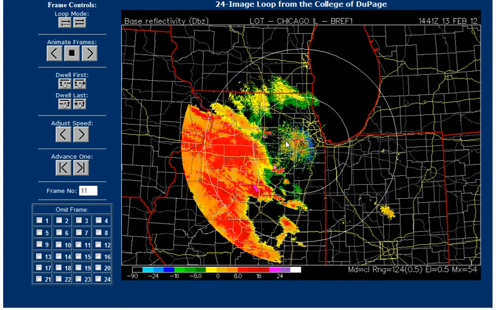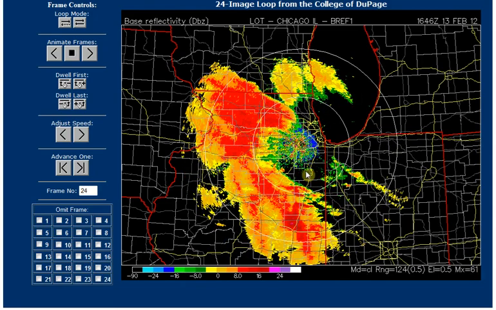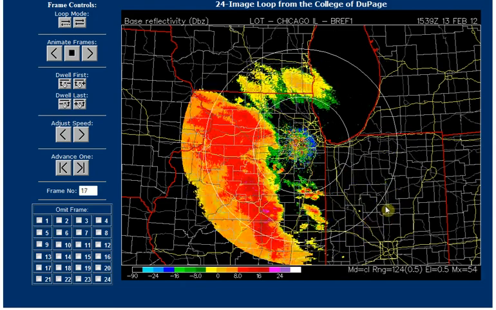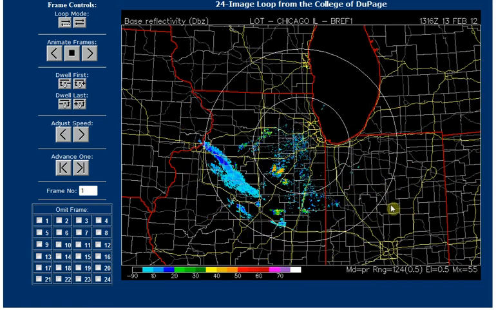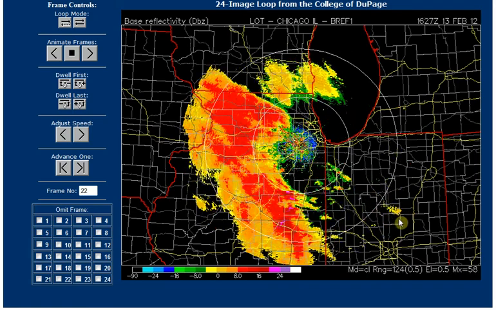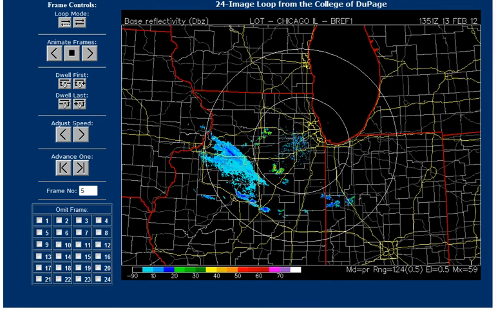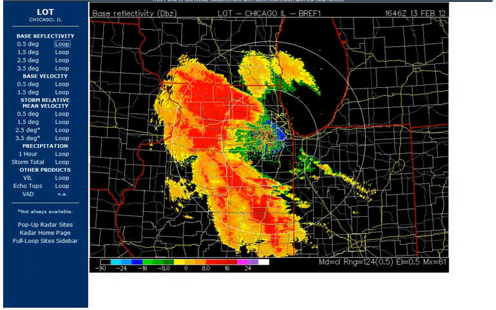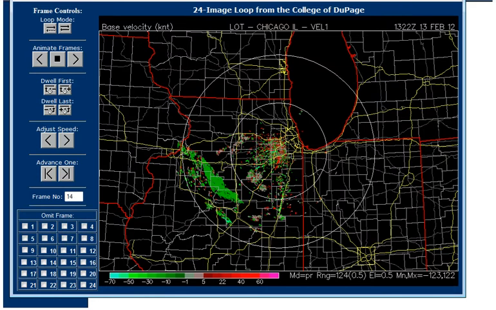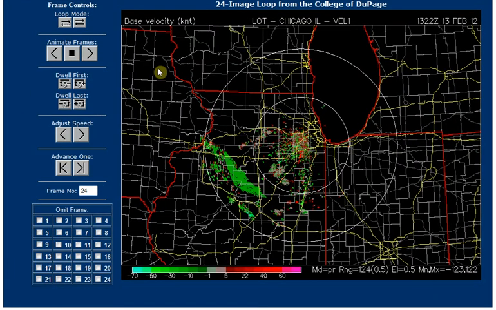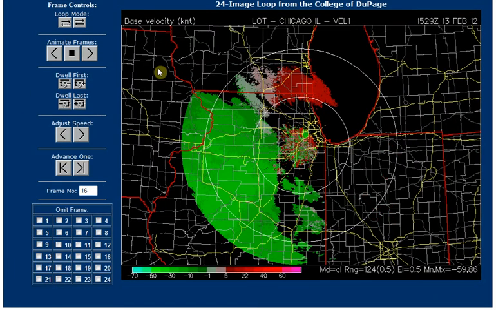You can see it's kind of going around the Doppler, although it's getting closer and closer. We have what looks to be an ill-formed beam happening over here as well. But what's really interesting is if we go and look at the base velocity. See that?